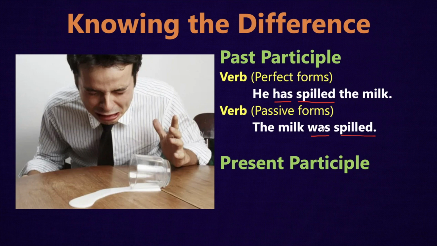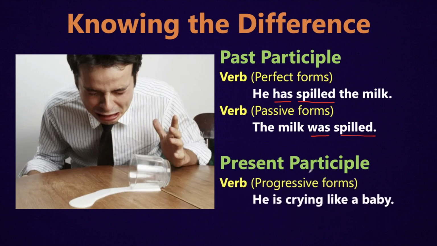So am, is, are, was, or were. So we could say is spilled, or was spilled, or were spilled. So you'll have some form of the be verb before the participle if it's a passive verb. So these are the two verb forms where you will see the past participle, either with the perfect forms or the passive forms.